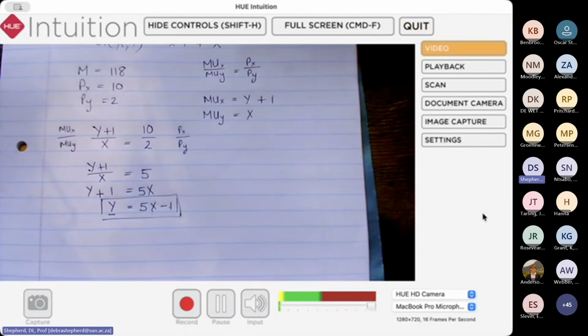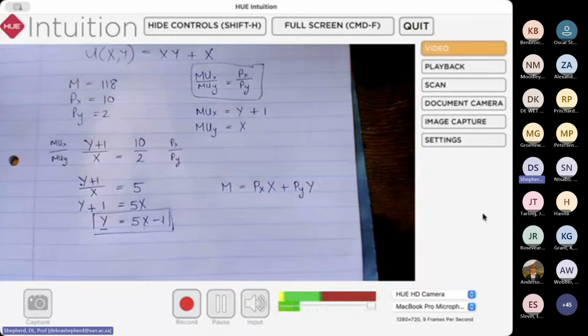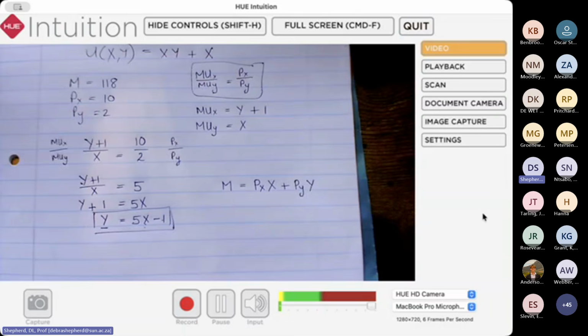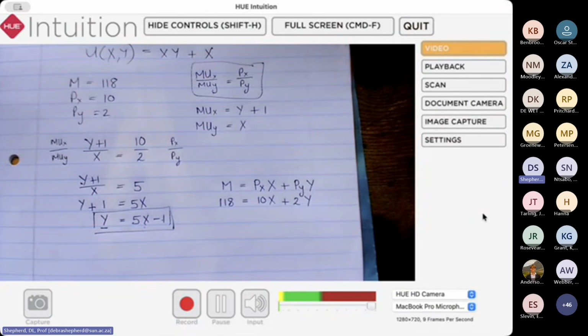So their income must be equal to the price of X times X plus the price of Y times Y. So I'm going to sub in my income and price values, and that's going to be 118 is equal to 10X plus 2Y. So that's the consumer's budget constraint.